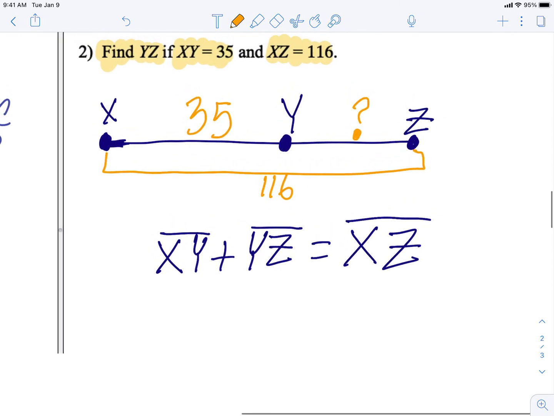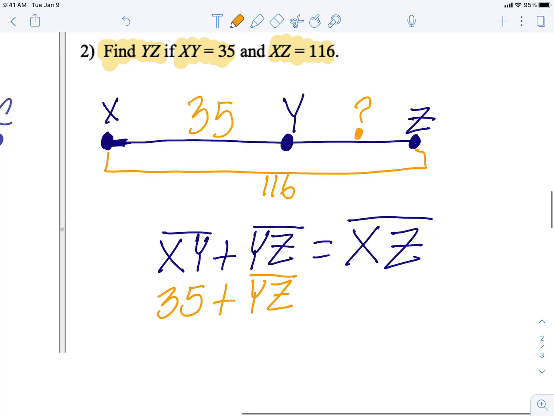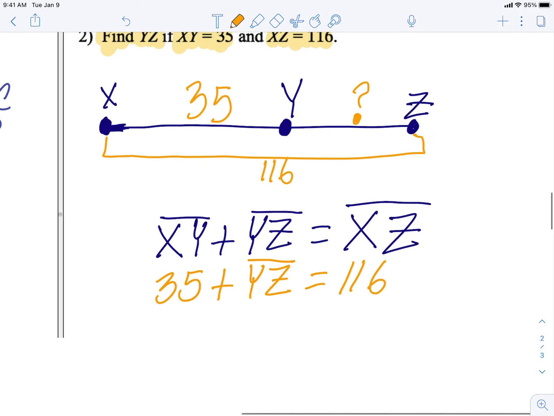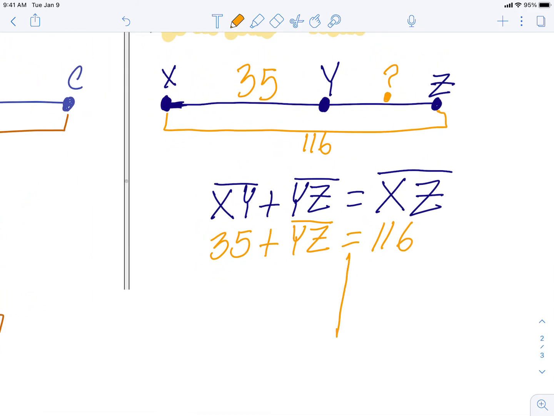So let's substitute now what we know. XY we know is 35. YZ, we don't know. YZ is YZ. And XZ is 116. So we are going to draw our line of separation. We're going to solve for YZ.